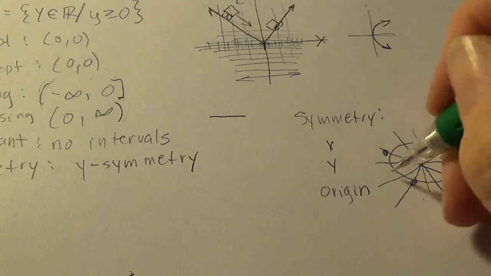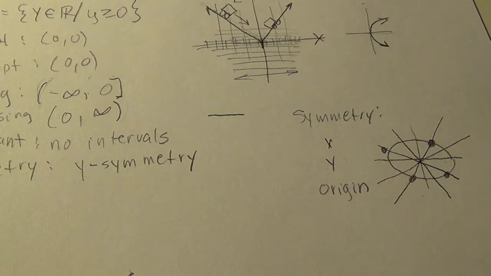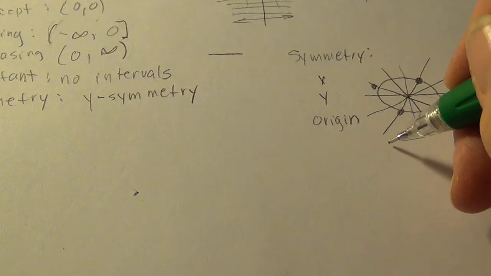So if that happens on every single line, then we say it's symmetric to the origin. So the circle would be symmetric to the origin.